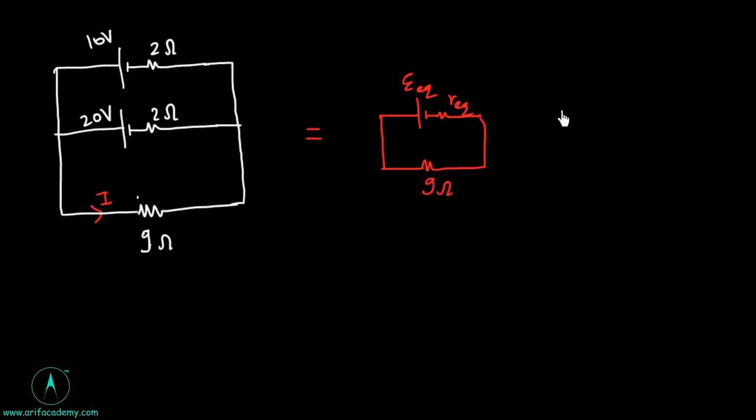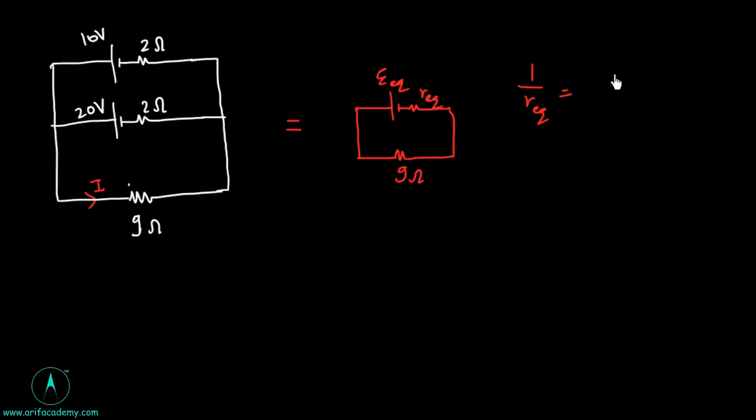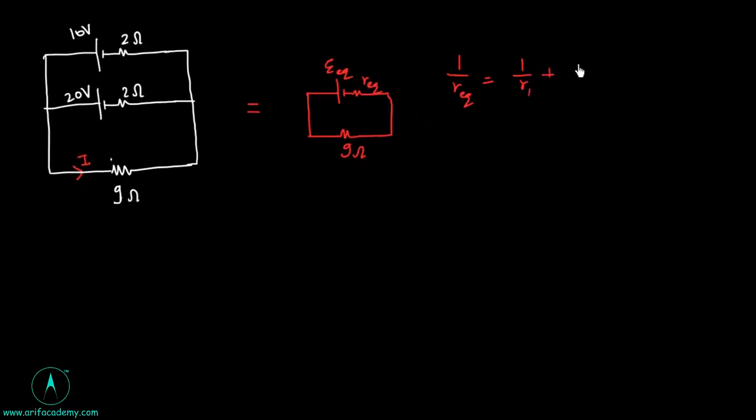First of all, we are going to find R equivalent. We have two resistances in parallel, 1 by R1 plus 1 by R2, which equals 1 by 2 plus 1 by 2, equal to 1. So R equivalent is equal to 1 ohm.